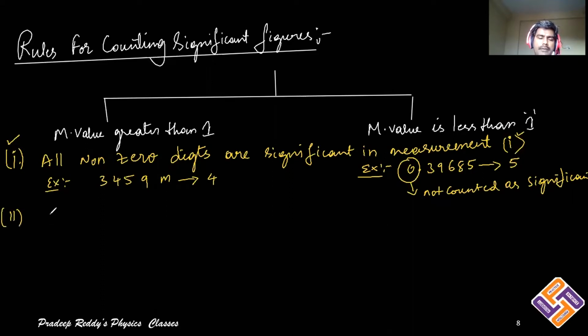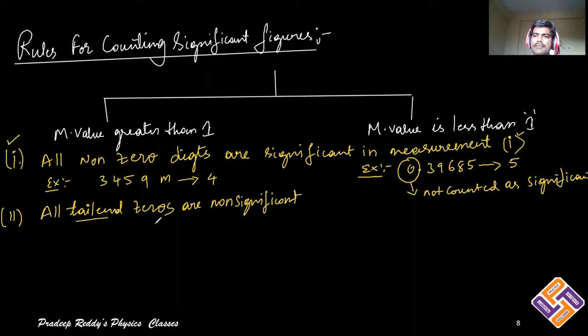The second point is: all tail end zeros are non-significant. Tail end zeros mean that after any value, if there are zeros, those are tail end zeros.